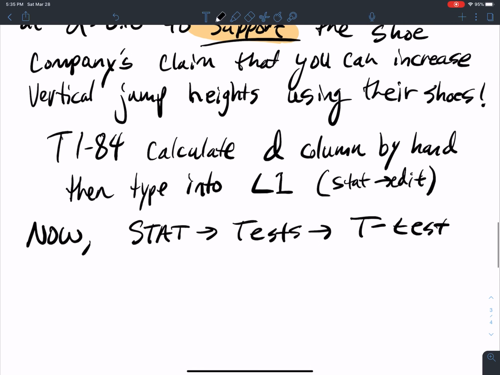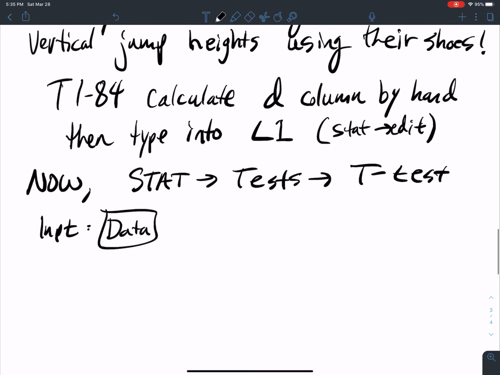And under the t-test, you're going to have input. And you're going to select data. Okay? Because you have a list of numbers. Anytime you have a list of numbers as data, use data. If you have the X bar, SD, all that stuff, you can use statistics. Your mu-d is going to be 0, like we talked about.